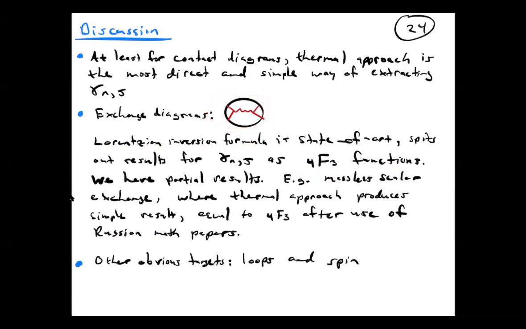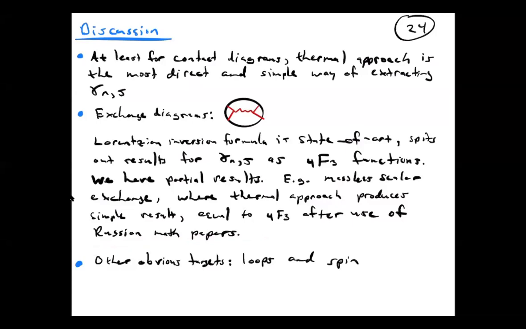In some cases where we've applied this method, for example with massless scalar exchange, the answers come out in a simpler form, and it's actually quite non-trivial to show the equivalence of that to the known results. You get some 4F3 from the inversion, and then for massless scalar exchange you get something involving digamma functions, and then if you search around in the Russian math literature, you'll eventually find some crazy identities involving 4F3s related to these other ones, and papers written about these identities.